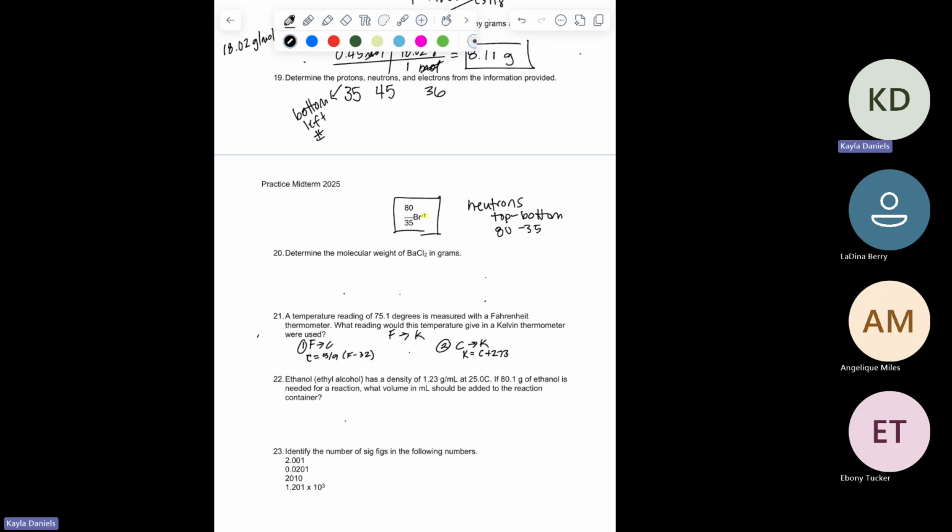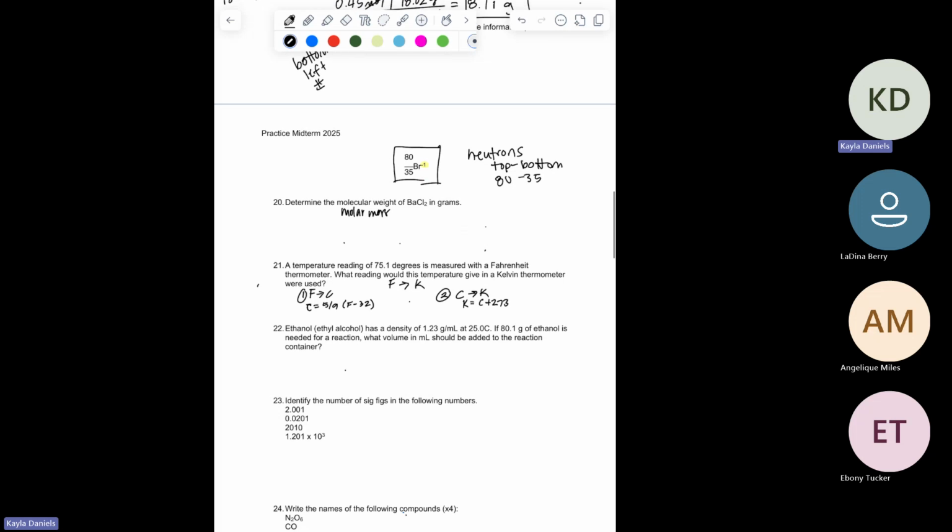All right, 20, find the molecular weight or the molar mass. Those mean the same thing. I've been solving these for you, and on the test, you're going to have a box of them on your reference sheet, except for one where you have a test question that looks like this, testing your ability to calculate a molar mass. That one I'm not going to give you on the test.